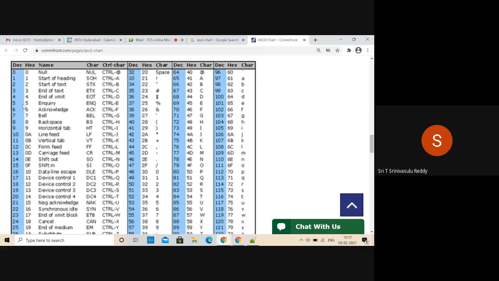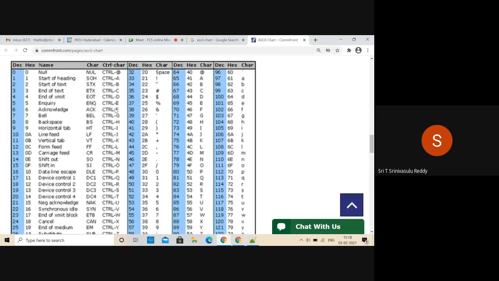Similarly, the ASCII value 1 is given to control A. We normally type control A, control B, control C like that. So even they have corresponding ASCII codes. All the control characters are given the initial ASCII values. 0 goes for null and the next 26 ASCII values, 1, 2, 3 and so on, up to 26, represent different control characters.